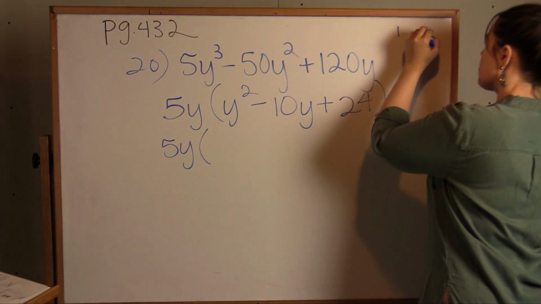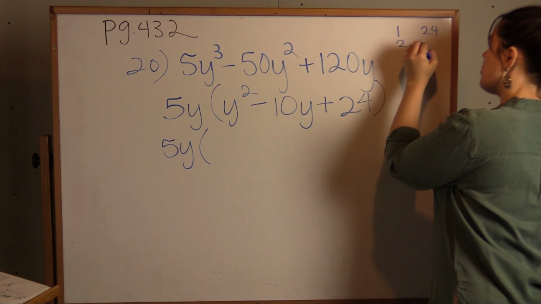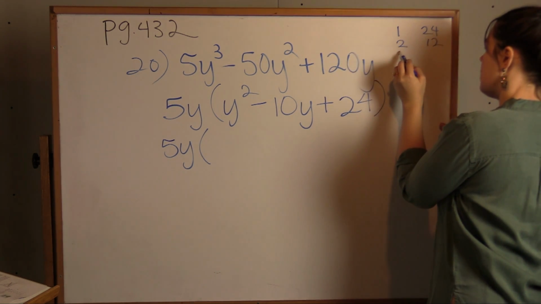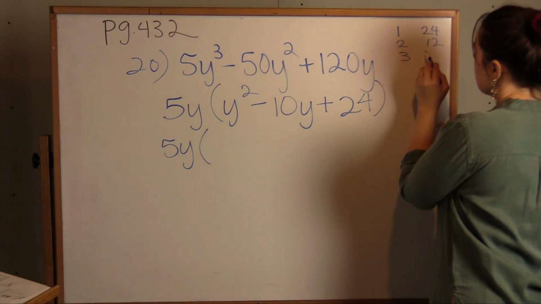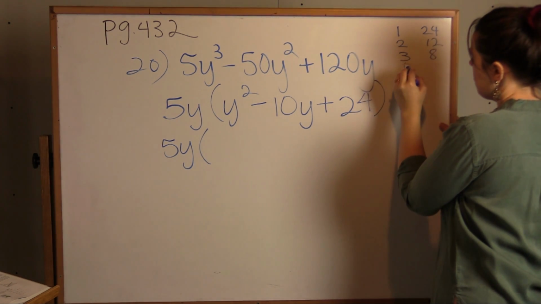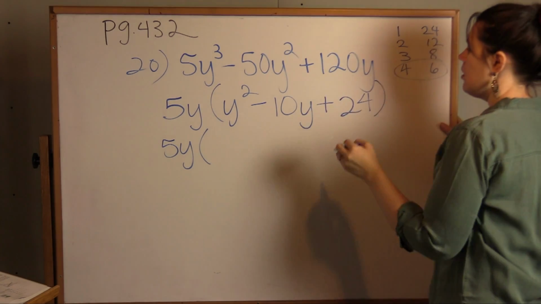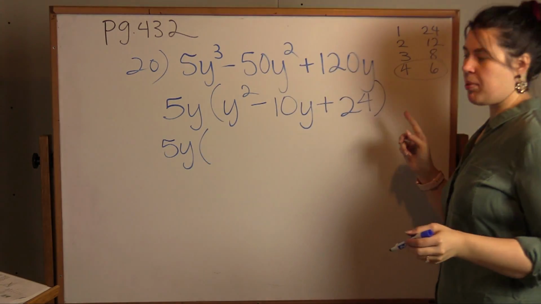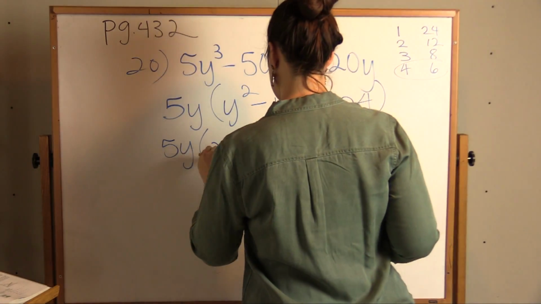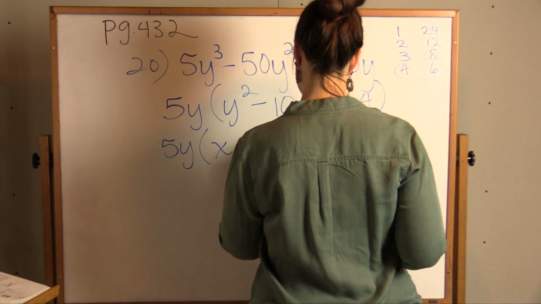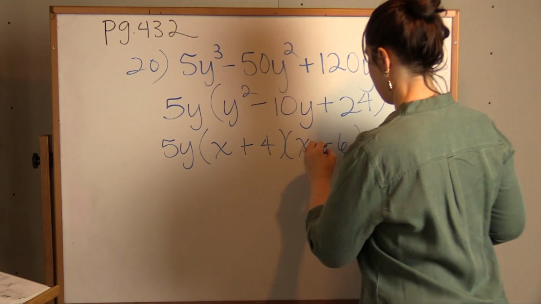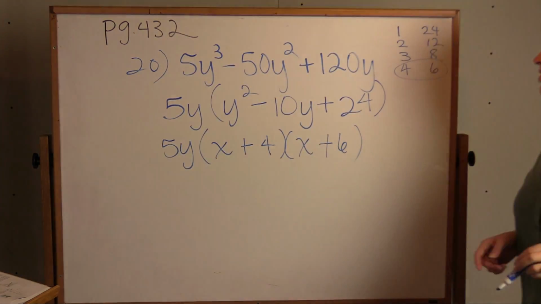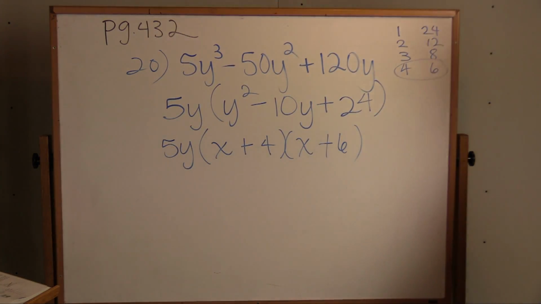So that gives me 1, 24, 2 and 12. Still none of those add right. 3 and 8, 4 and 6. There we go. So I'll have x plus 4, x plus 6. And that's your final answer.